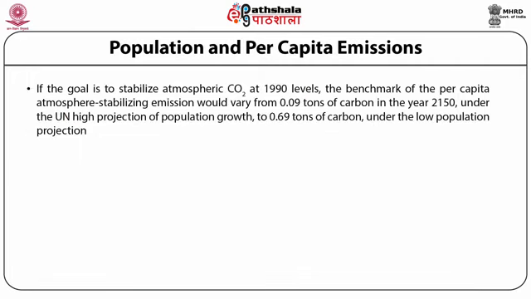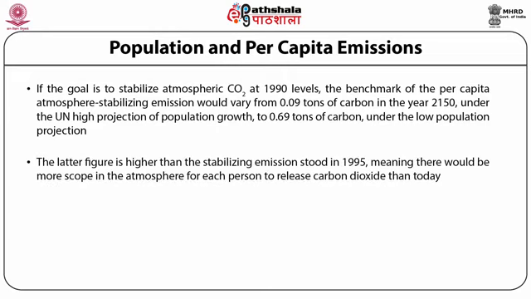If the goal is to stabilize atmospheric carbon dioxide at 1990 levels, the benchmark of the per capita atmosphere stabilizing emission would vary from 0.09 tons of carbon in the year 2150 under the UN high projection of population growth to 0.69 tons of carbon under the low population projection.